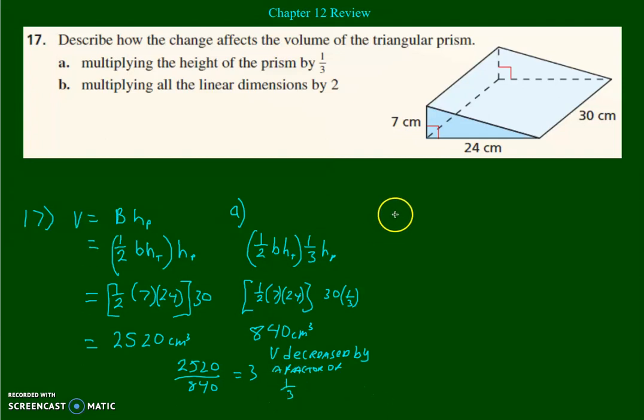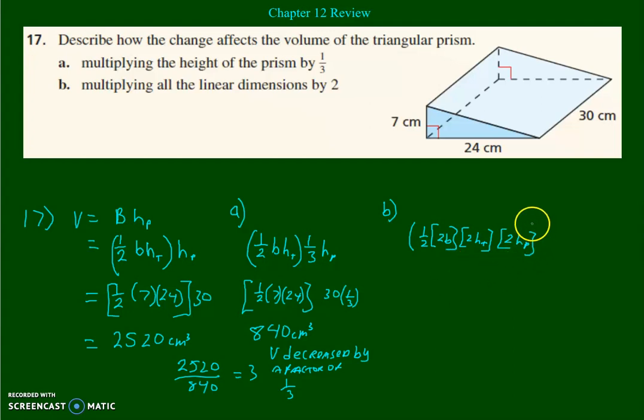Now for part B, let's do something similar. So for B, what we're going to do is rewrite the formula, but this time it says all linear dimensions are multiplied by 2. So that gives us 1/2, and this is going to be 2b times 2h, the height of the triangle, times 2 height of the prism.